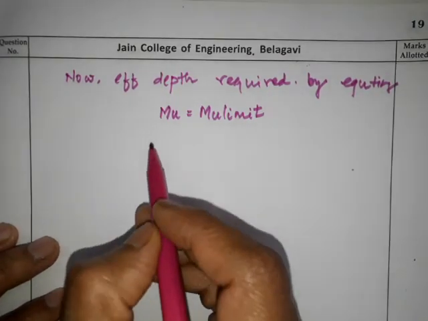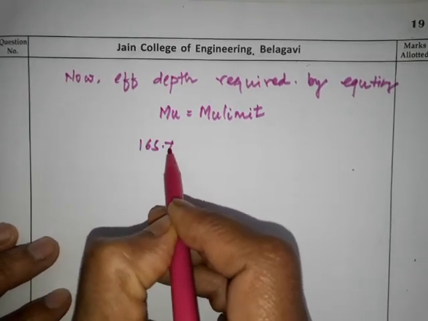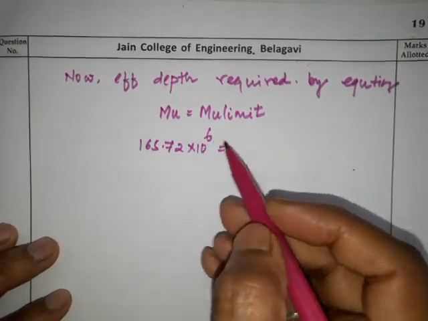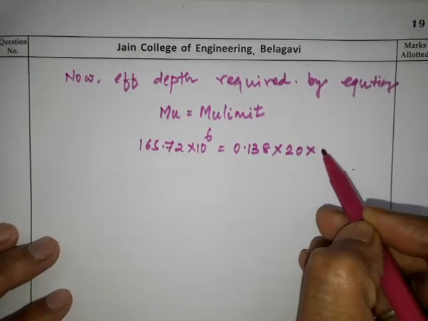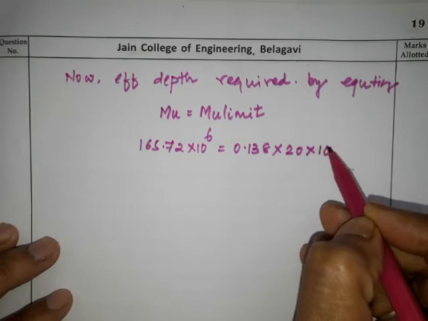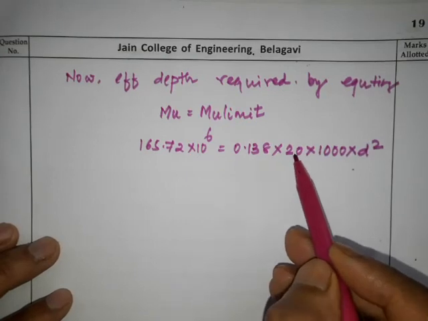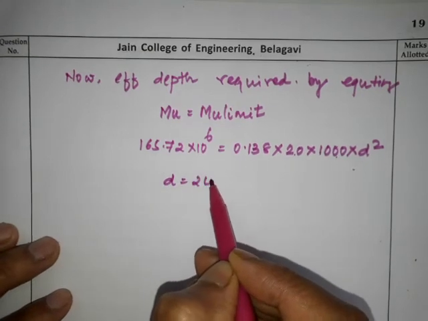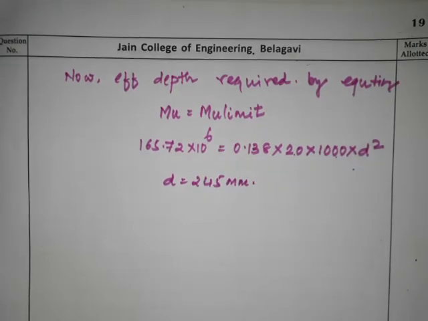So Mu we got as 165.72 into 10^6, and by equating Mu limit, that is 0.138 fck b d square per meter width, so it is 0.138 fck b d square, we'll get d is equal to 245 mm. We get d as the depth or thickness of stem, it is 245 mm.